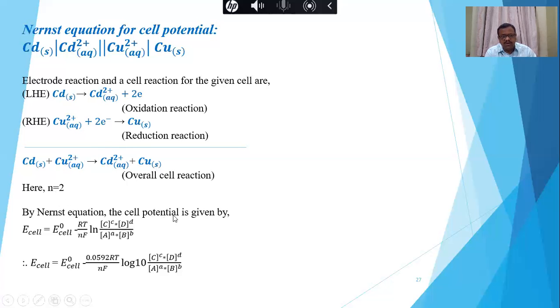So the Nernst equation for this cell potential, we can write: E cell is equal to E standard cell minus RT upon nF ln [C]^c [D]^d upon [A]^a [B]^b. Therefore, E cell is equal to E standard cell minus 0.0592 upon n log base 10 [C]^c [D]^d upon [A]^a [B]^b.